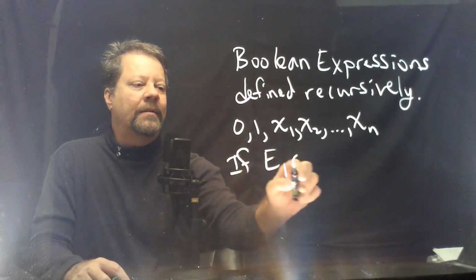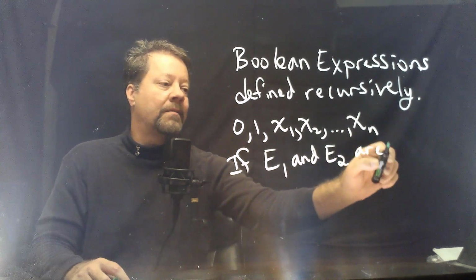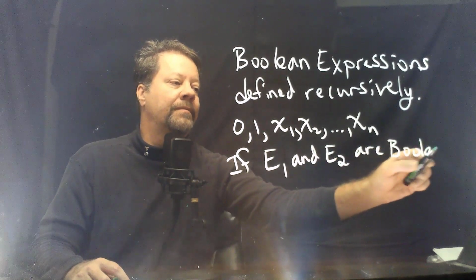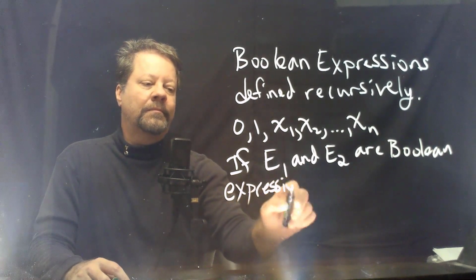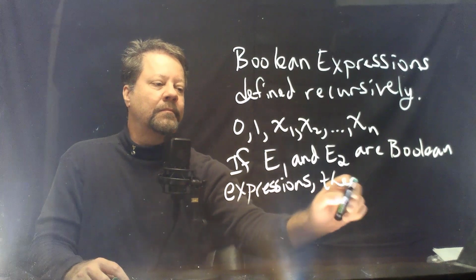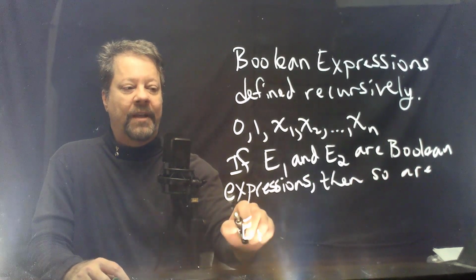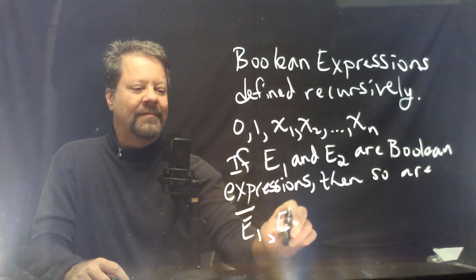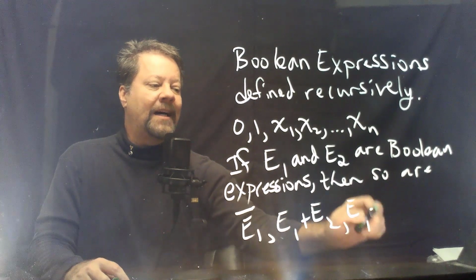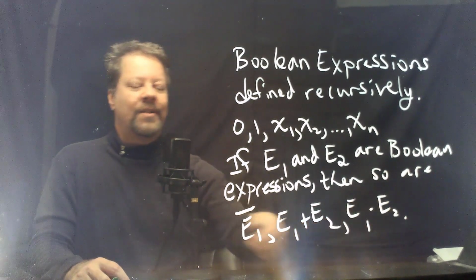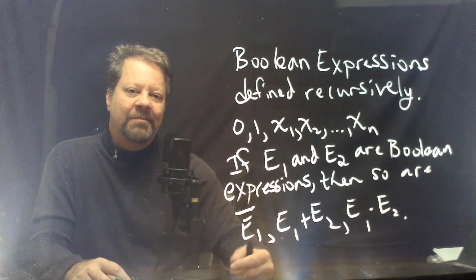If e1 and e2 are Boolean expressions, then so are e1 complement, e1 plus e2, e1 times e2. So we can combine Boolean expressions to make more complicated Boolean expressions.